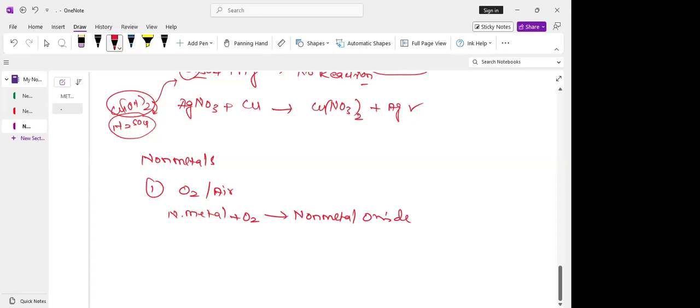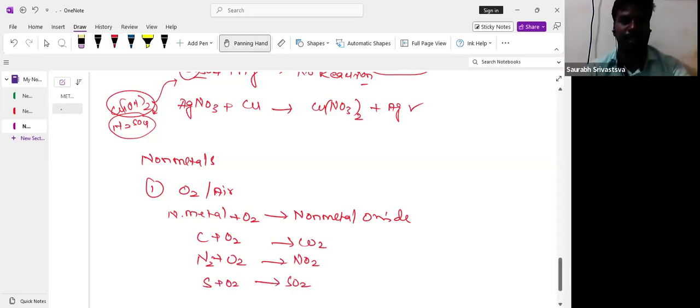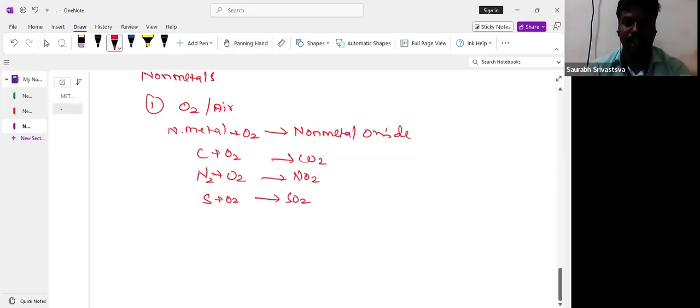Example, C plus O2 gives CO2, N2 plus O2 gives NO2, and S plus O2 gives SO2. So this is non-metal reaction with oxygen to form non-metallic oxide. These non-metallic oxides are acidic in nature.